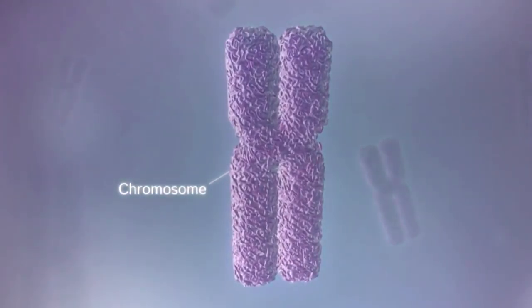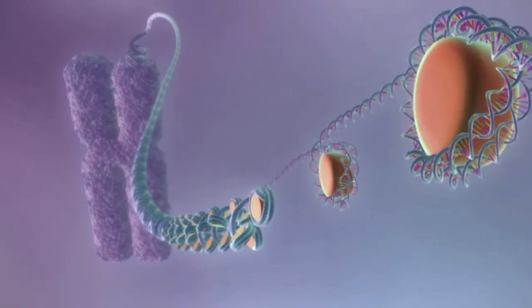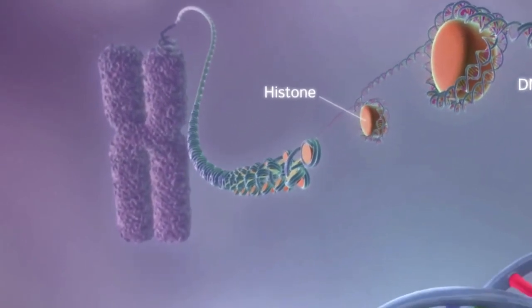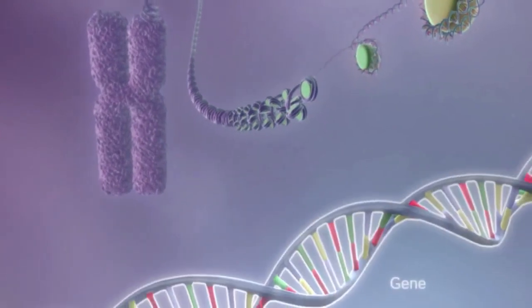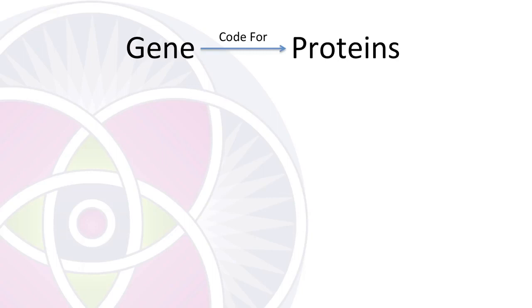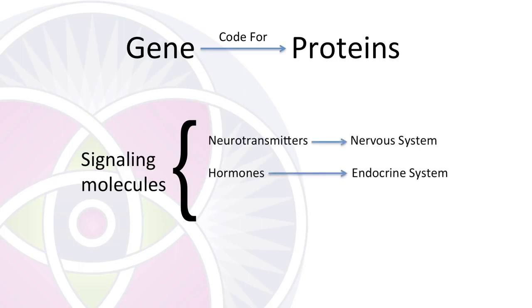So here a chromosome is going to unwind, and you're going to see the actual DNA that contains the codes for everything that our body does. This is like the software that runs our physiology. Genes are the codes for every protein that our bodies make, including all the signaling molecules that run our physiology, such as our neurotransmitters that run our nervous system, our hormones that run our endocrine system, and our cytokines that run our immune system.